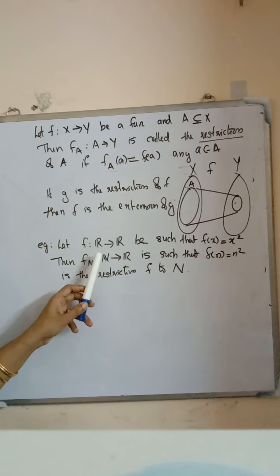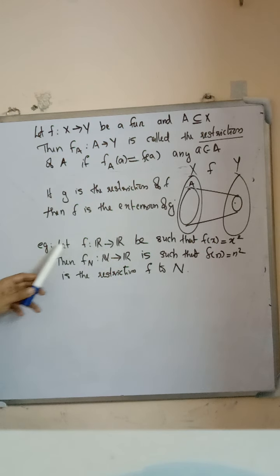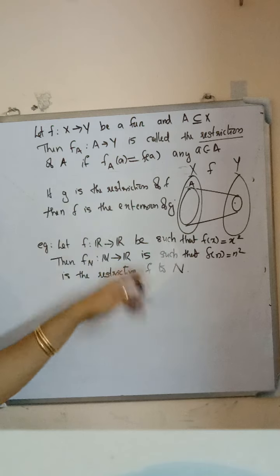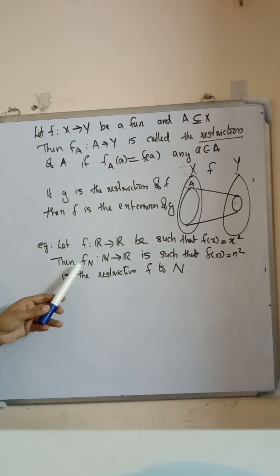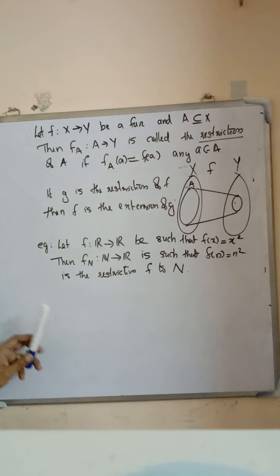That is, the natural numbers map to their squares. The first function maps real numbers to their squares, and its restriction maps natural numbers to their squares.